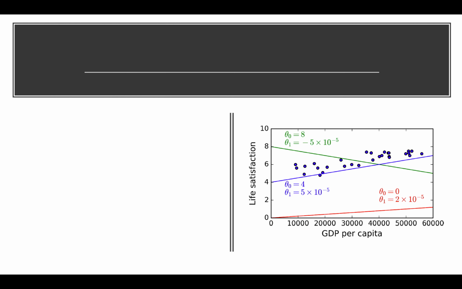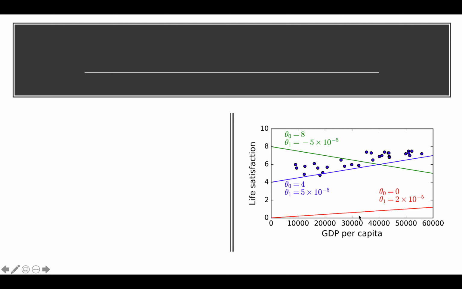And what the cost function does is basically it tells what is the distance between the linear model's prediction and the training values. And in this graph that you see here, we have drawn different lines, different linear functions, with different theta 0, theta 1 values, and some of them are dramatically bad.